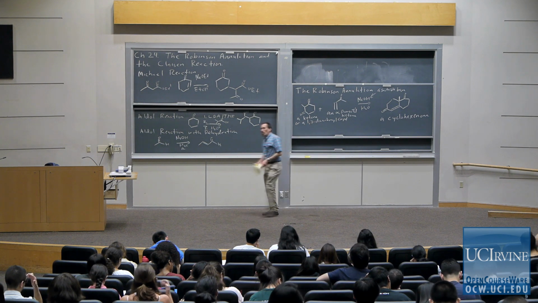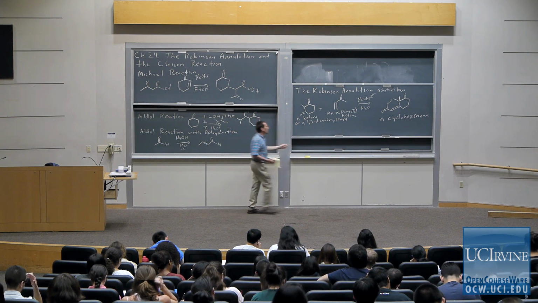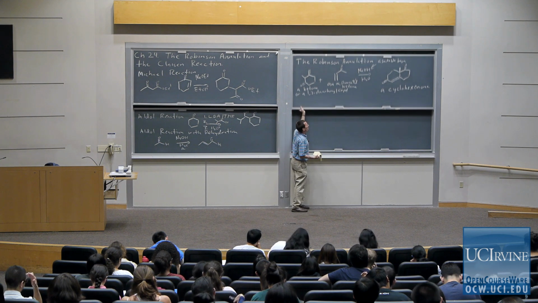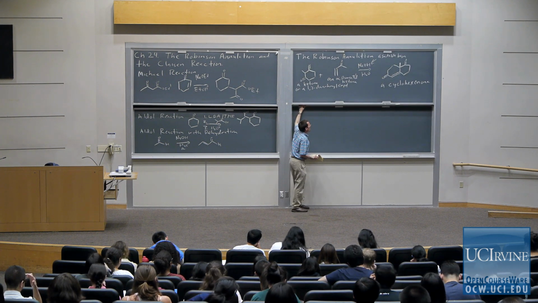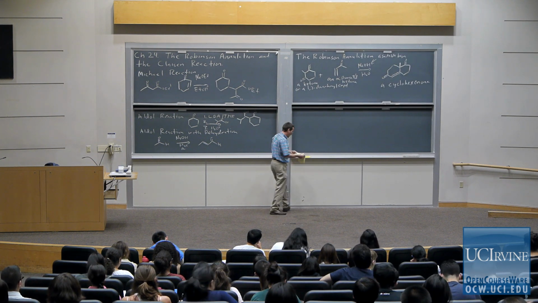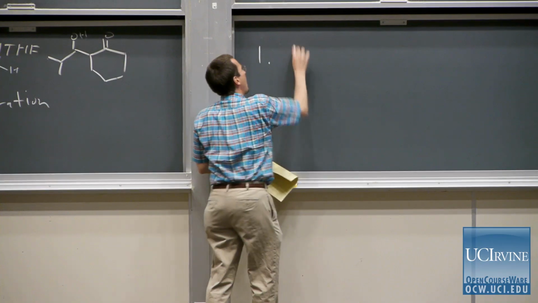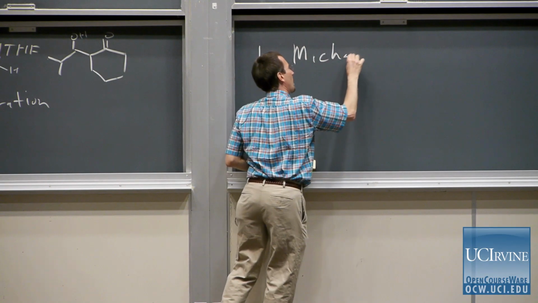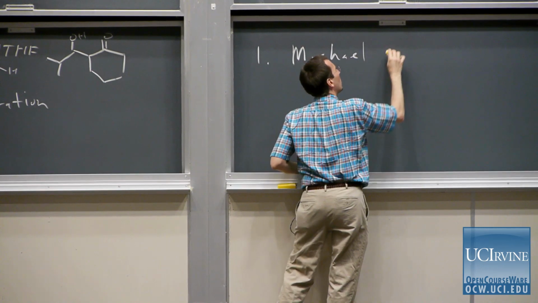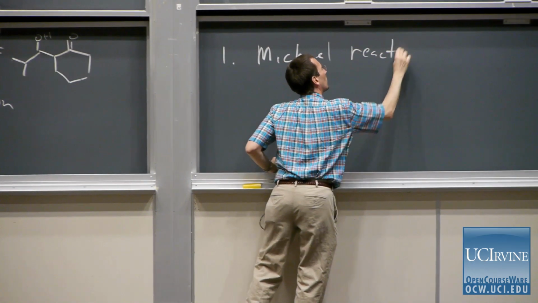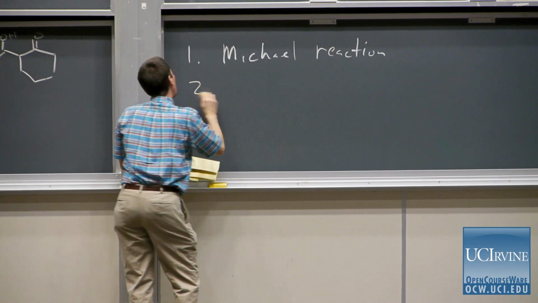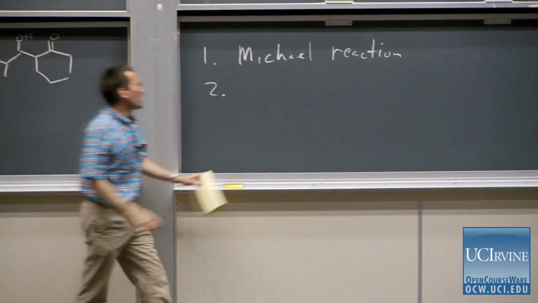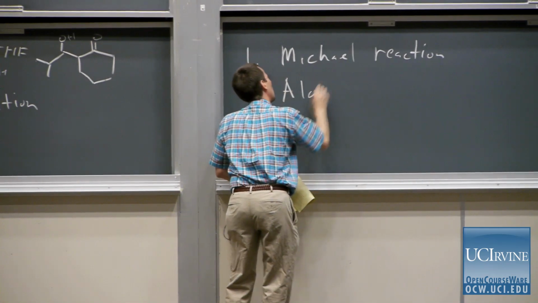All right, so what's going on here, we're going to break this out in just a moment, is three different reactions in sequence. So the first reaction is a Michael reaction or Michael addition. The second reaction is an aldol reaction.